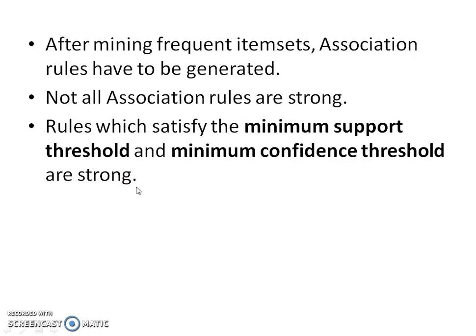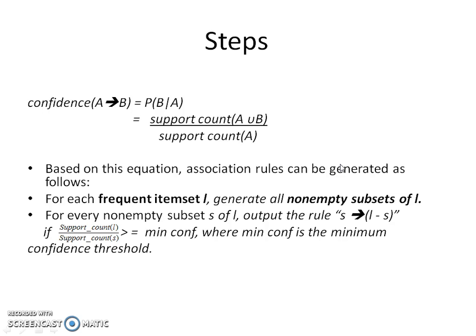We are doing association rule generation from the frequent item sets. An item set is frequent only if it has minimum support, so the minimum support threshold is automatically satisfied. We have to deal with the minimum confidence threshold. Now we'll see what this is.